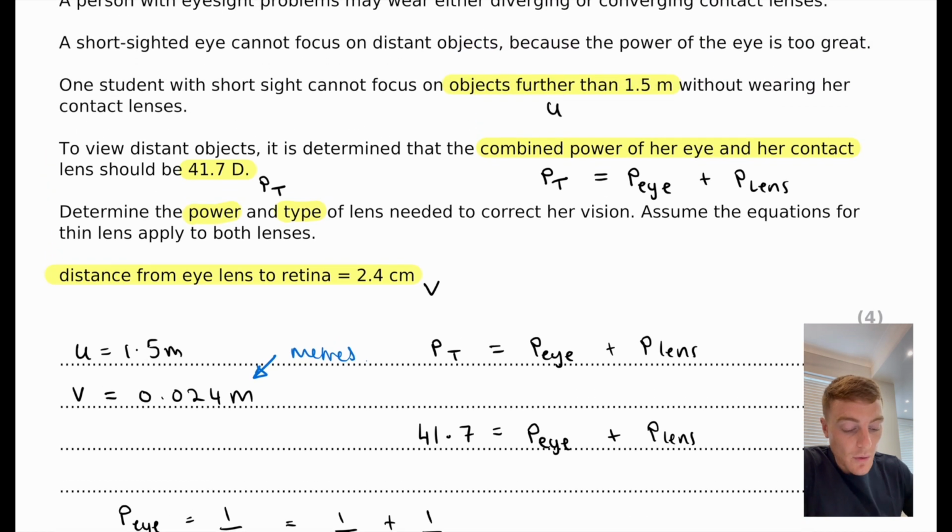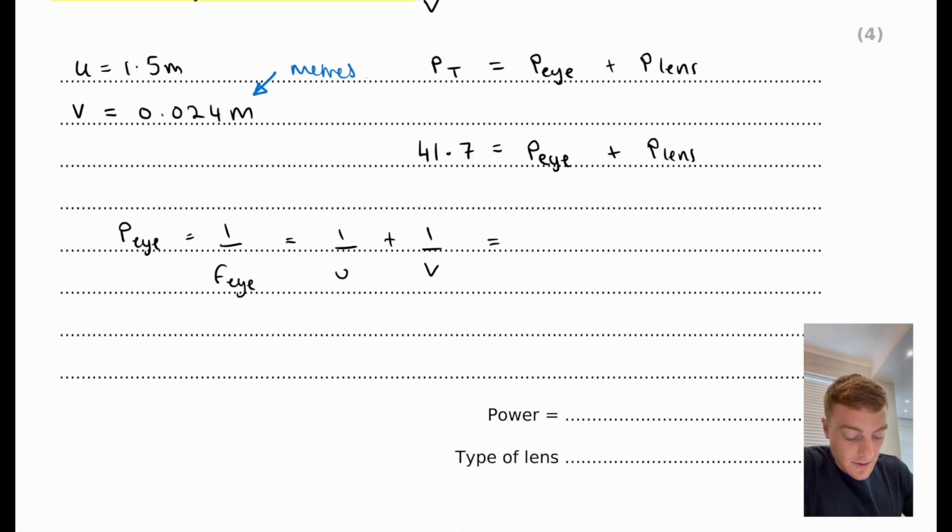Now, we know that the object distance from the eye was 1.5 meters. So let's replace the letters with numbers. And the distance from the lens of the eye to the retina, remember the retina is where the image is formed, is 0.024 meters again. Okay?